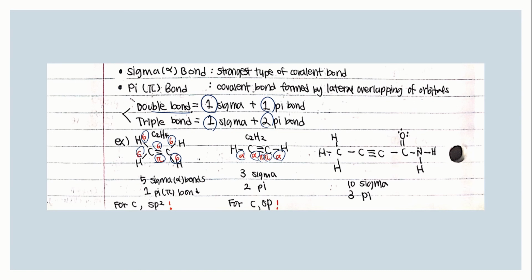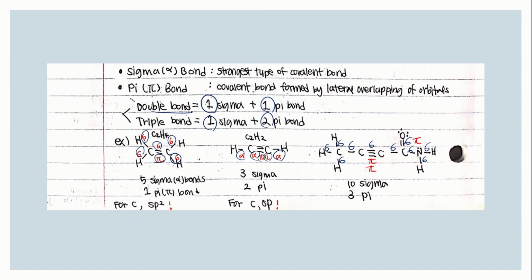And then here, you'll have 1, 2, 3, 4, 5, 6, 7, 8, 9, 10 sigma bonds, and then 1, 2, 3 pi bonds. And a quick review for hybridization.